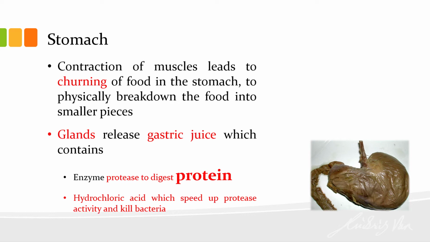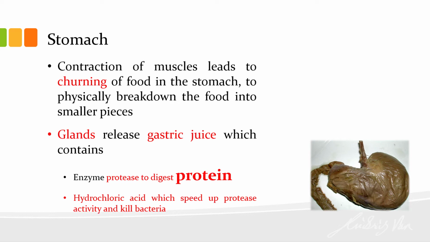that are inside the stomach which release gastric juice. Gastric juice is not difficult for you to memorize because, like, you have gastric pain. Where do you have gastric pain? It's somewhere around your stomach. Inside the gastric juice, it contains the enzyme protease to digest protein, which speeds up the activities of the enzyme, as well as killing of bacteria.